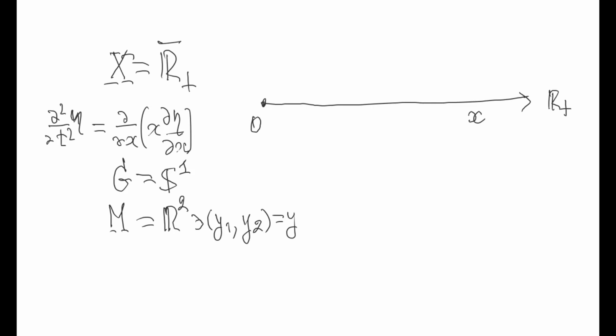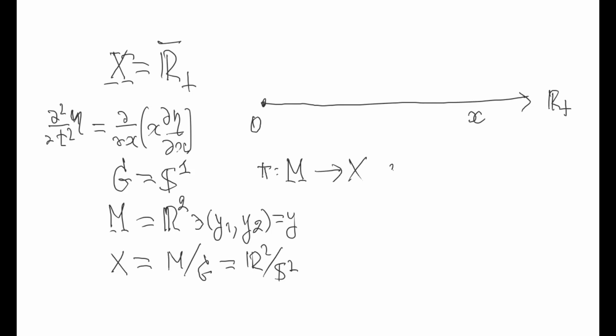And I represent X as the quotient space M over G, R2 over S1, as a space of orbits, and the projection, say, phi from M to X is as follows: x is the square of y over 4. This is the projection.